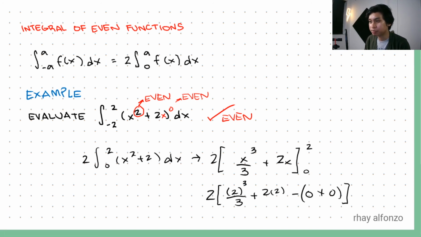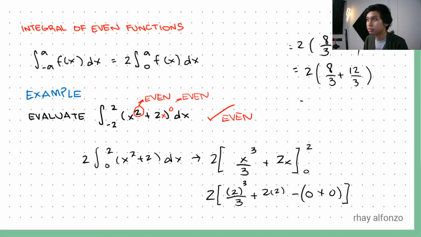So here we have 2 cubed is 8 divided by 3. So we have, let me just write here, 8 over 3 plus 4. Then multiply that by 2. So that gives us 2 times 8 over 3 plus 4, which is equal to 8 over 3 plus 12 over 3.